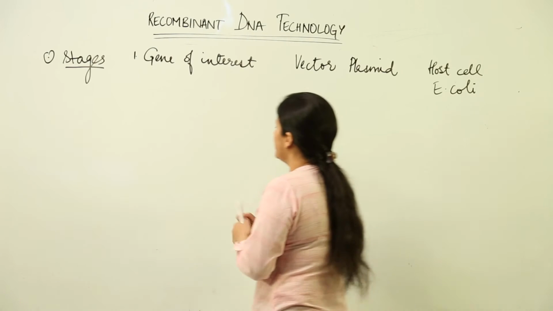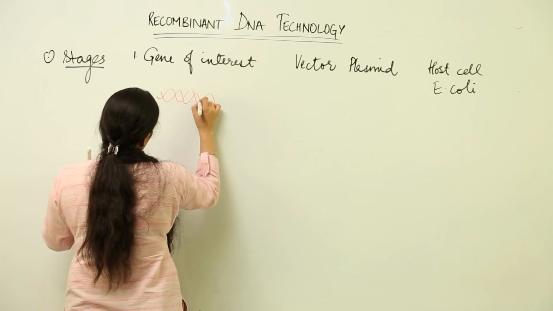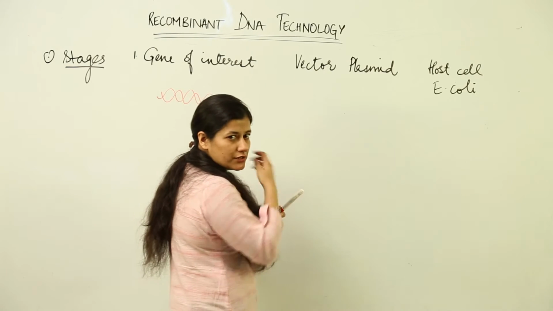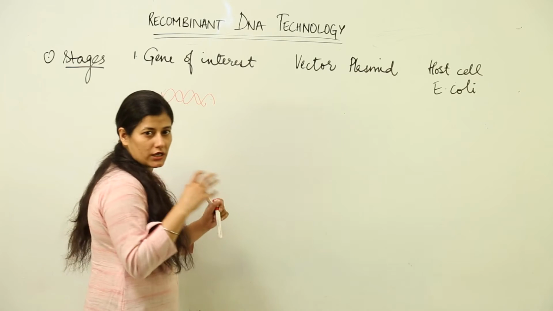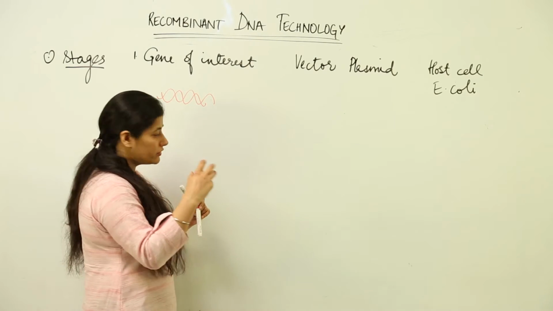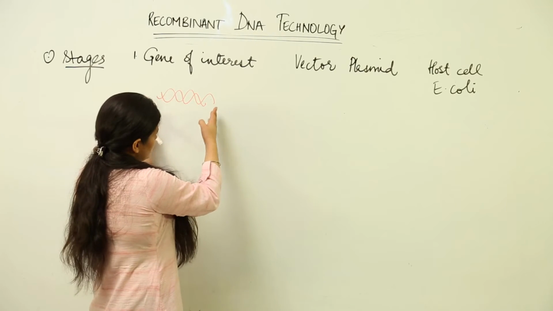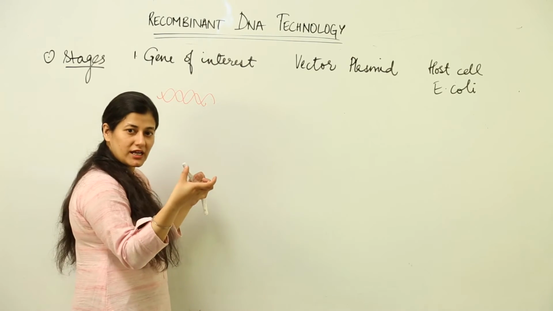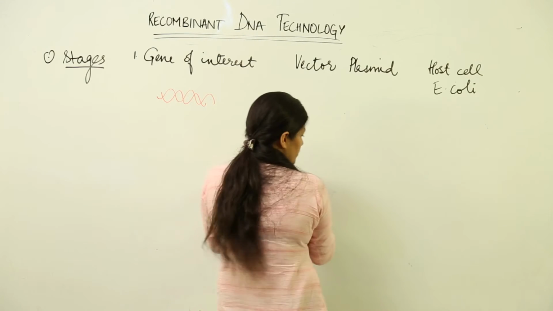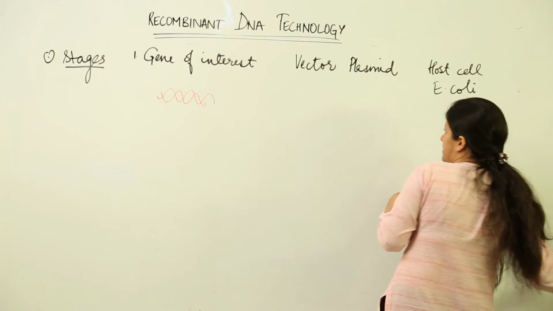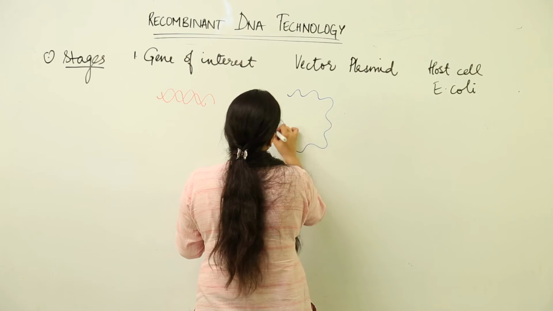Now supposedly this is your gene of interest that you have taken from some particular organism. We are going to see individually how this is extracted, because we deal with the entire methodology when we study it. For now you just have to see that a gene of interest has to be taken from a genome by using restriction endonucleases, then it has to be incorporated into the plasmid.